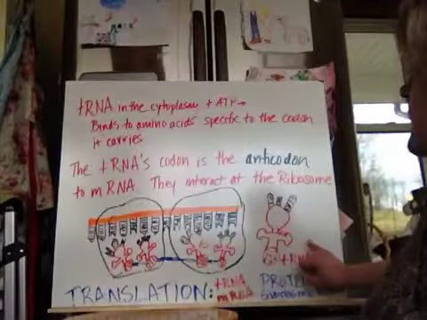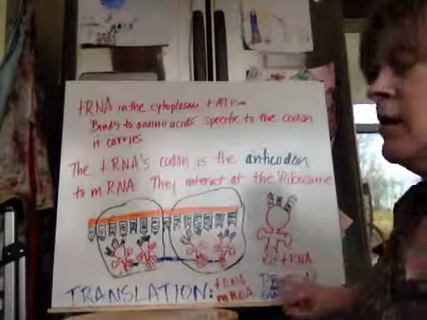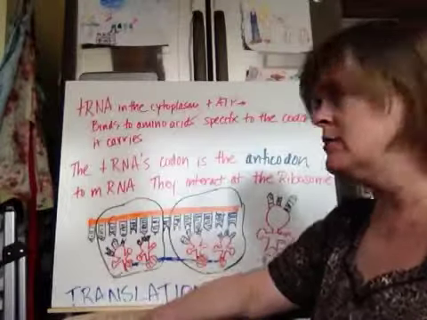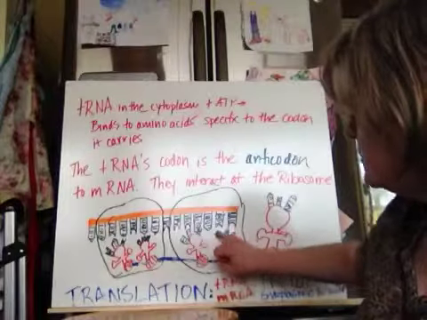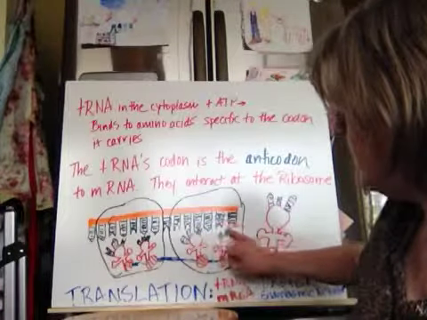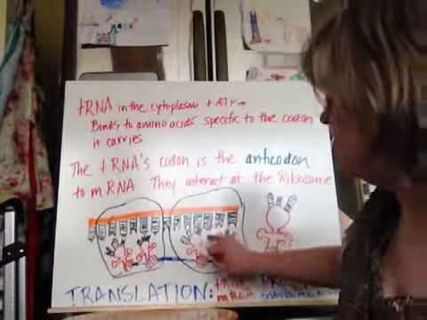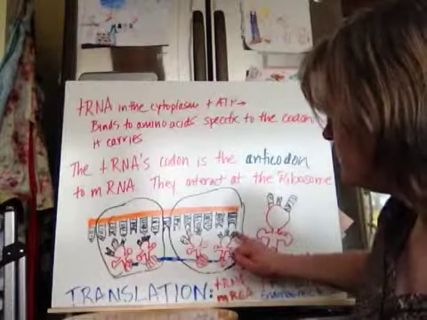The transfer RNA then is called the anticodon to the messenger RNA because those are the opposite base sequences to the messenger RNA.